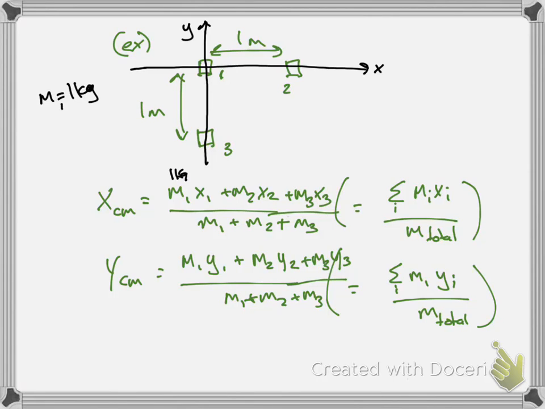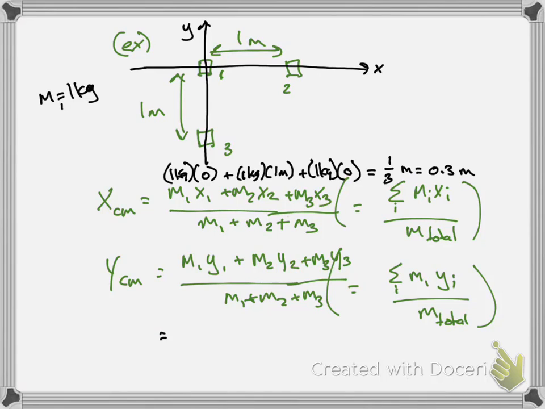So 1 kilogram times the position of M1 is at x equals 0, plus 1 kilogram times the position of object 2, it's at 1 meter, plus 1 kilogram, and the position of object 3, notice that's at x equals 0 again, so that's the top of that fraction, so that the center of mass is going to be, on top we've got 1, and on the bottom we've got 3, is going to be 1/3 of a meter, or 0.3 meters.